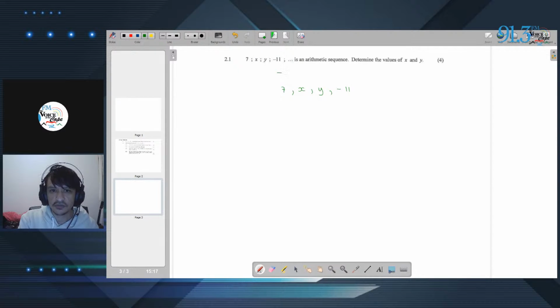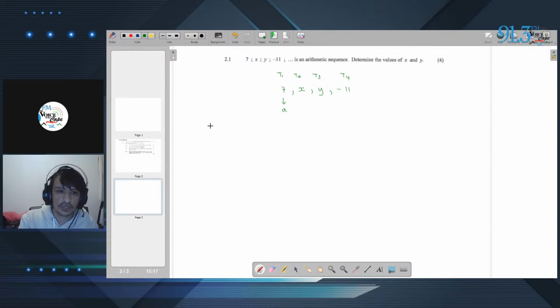We note that this is the first term, the second term, third term, and fourth term. For arithmetic sequences, you have the value of your first term, which is called the a value. And the difference between x and 7 is your difference, d, okay?